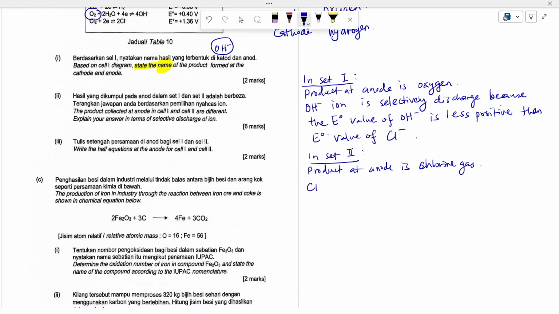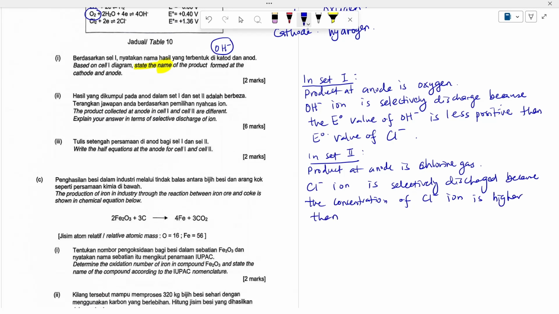So chloride ions are selectively discharged, because the concentration of chloride ions is higher than hydroxide ions.